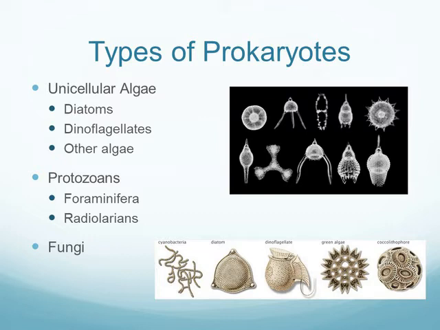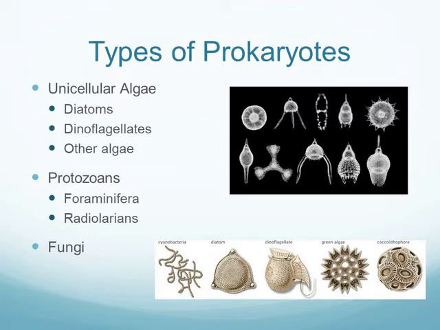Or you can have protozoans, which are heterotrophic. So your algae is going to be autotrophic. Your protozoans are going to be heterotrophic, so they need to eat. So they typically will eat the algae. And they typically will be your foraminiferas and your radiolarians.